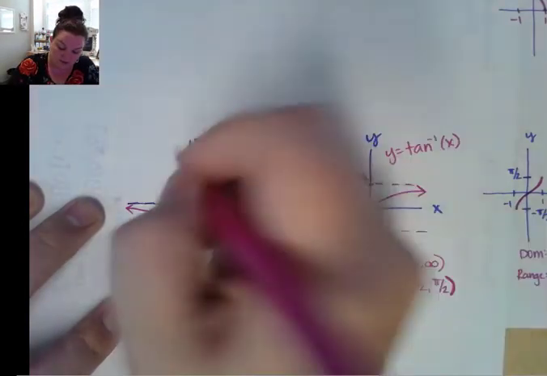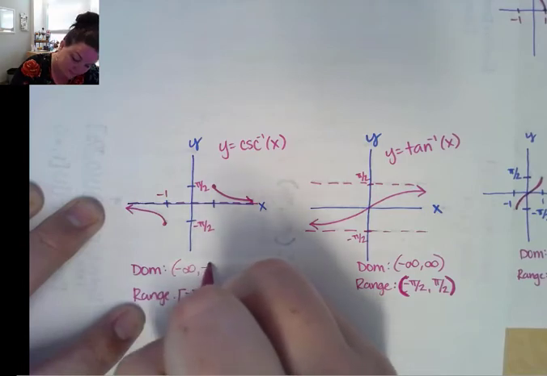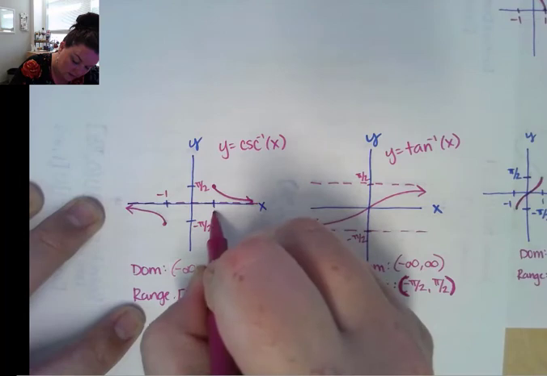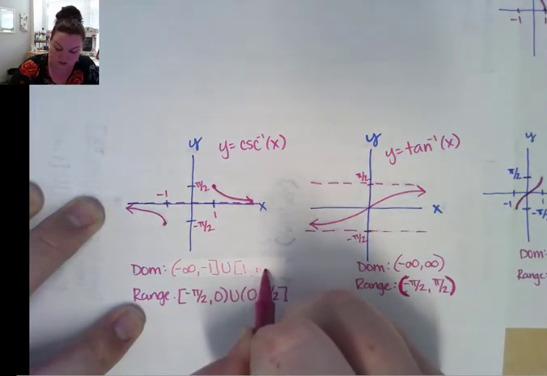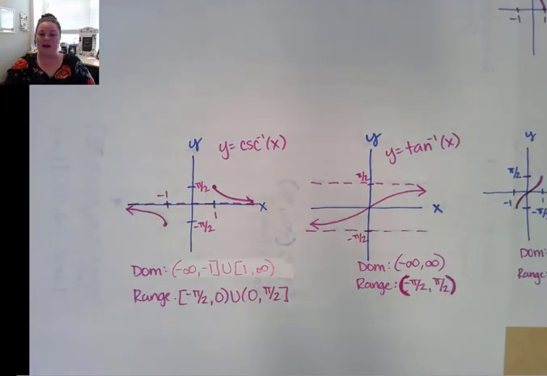So notice it goes from -infinity up to this point, which is -1. So -infinity to -1. And then over here, it's going to start at +1 and shoot on out to infinity. Okay. And if you have to, you're welcome to flip your paper back and forth just to verify what I'm saying and what I'm doing. But it gets really nasty on a video when I keep flipping it.